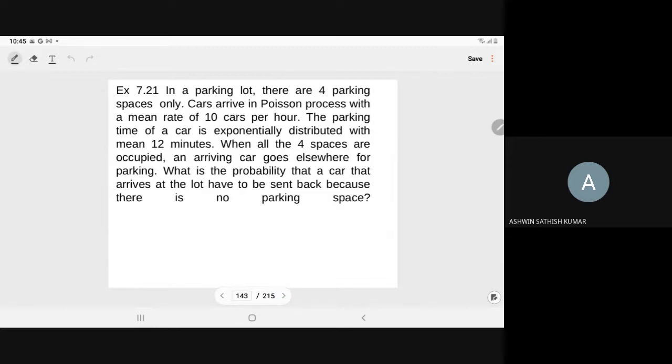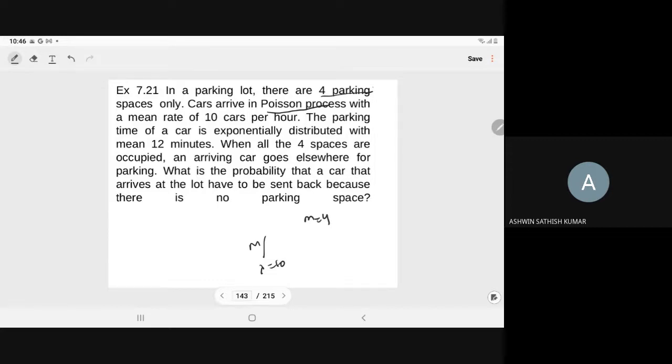Let us have this question. In the parking lot, there are only 4 parking spaces, that is M is equal to 4. Cars arrive in a Poisson process with a mean rate of 10 cars per hour.